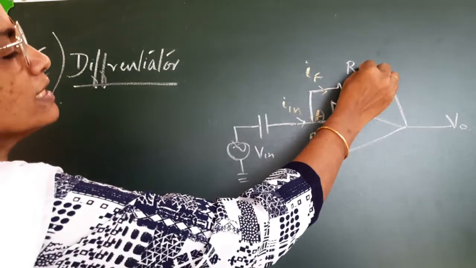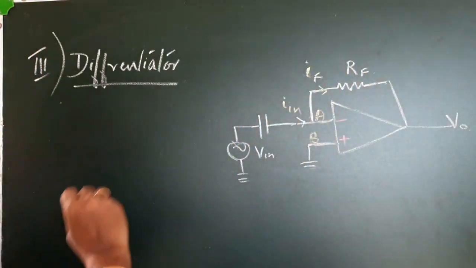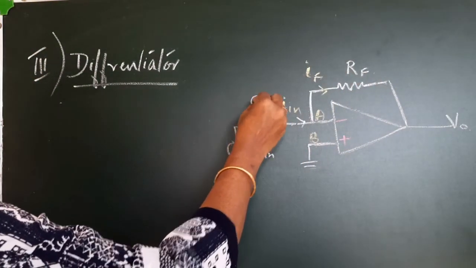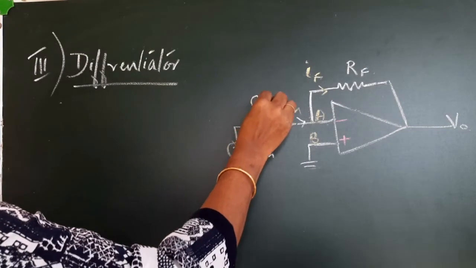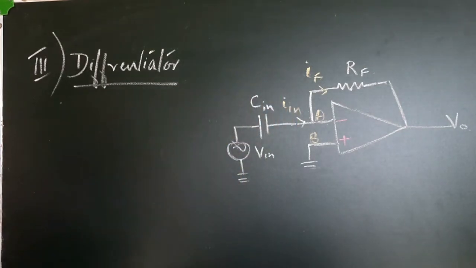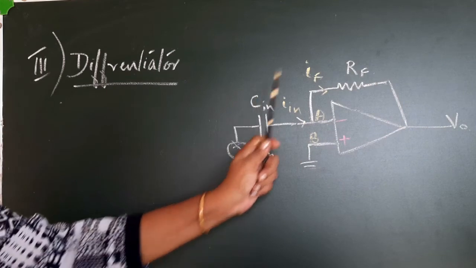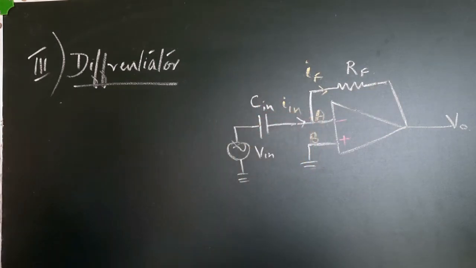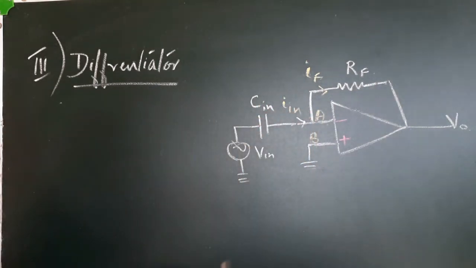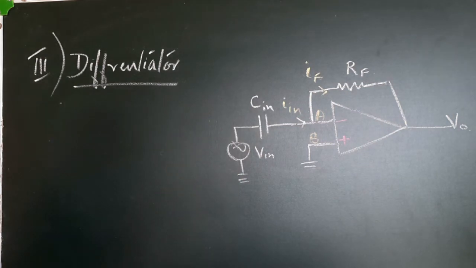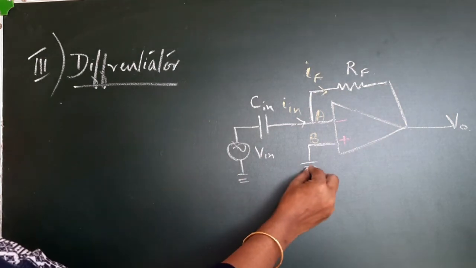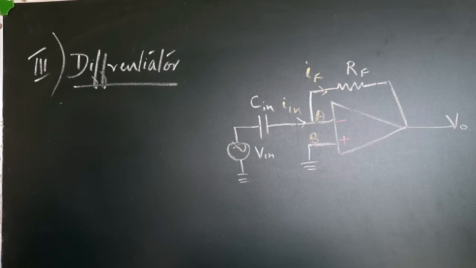I will call this RF, the feedback resistor. This is capacitor C in, the input capacitor. So what we have done is exchange the positions of the capacitor and resistor in order to make an integrator into a differentiator.